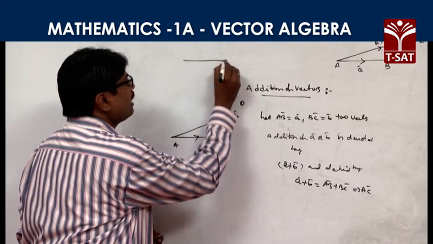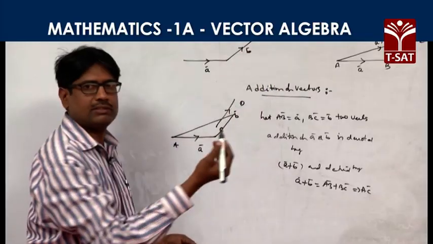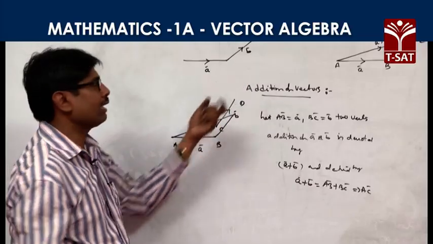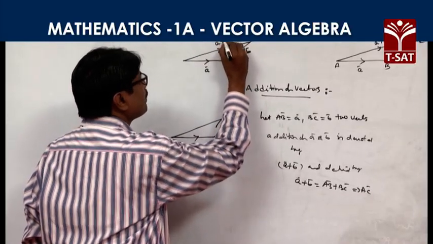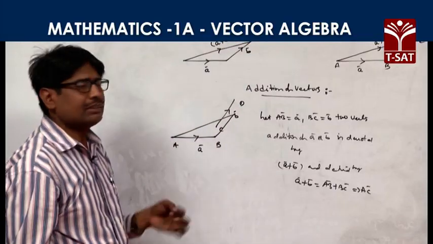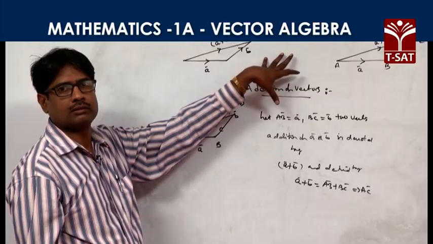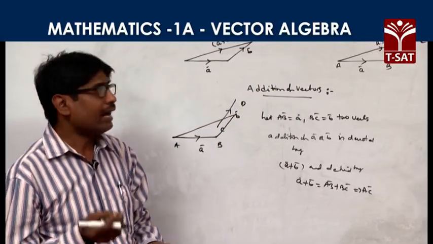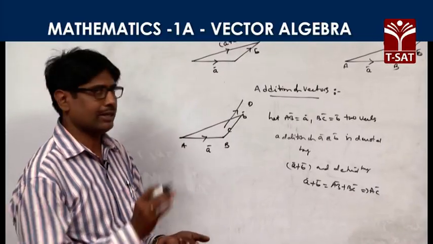If A bar and B bar are the adjacent sides of the triangle, then the third side is the resultant of these two, A bar plus B bar. The direction of A bar plus B bar is the resultant of A bar and B bar. So this is known as the triangular law of addition, and addition of vectors follows the commutative law, which we are going to prove.